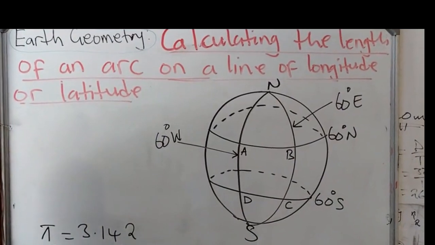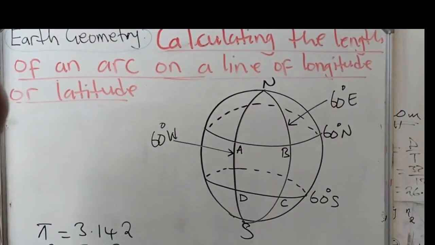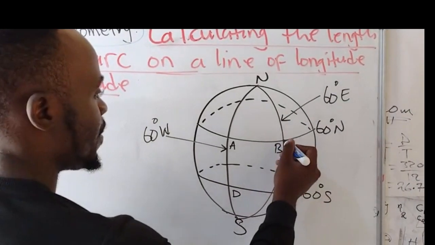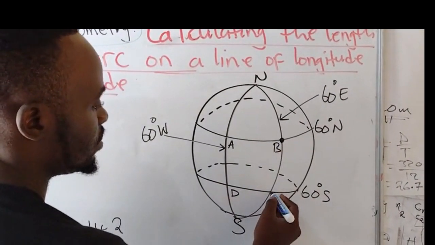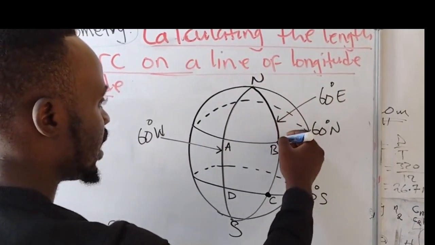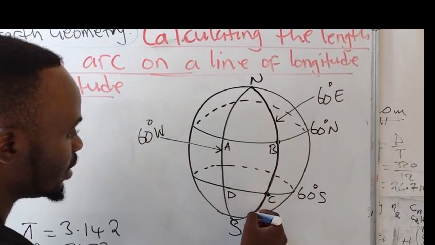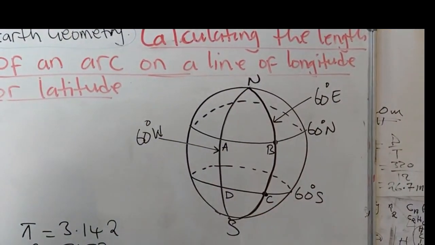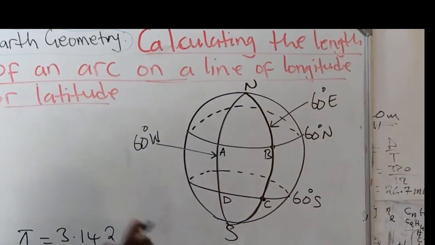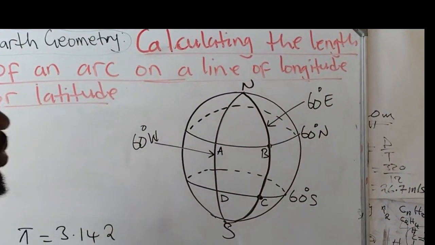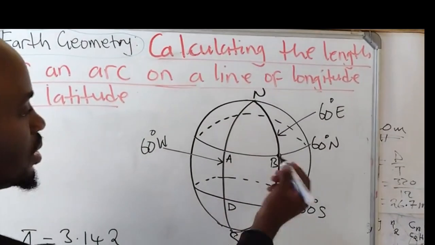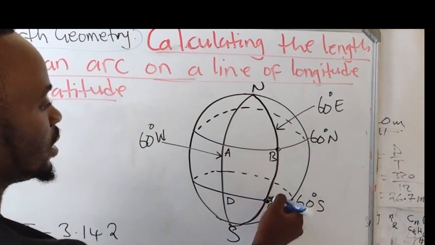We can see that point B is there, point C is there. This is the line where BC is lying, and it's a longitude. They are lying on the same line of longitude, which is a great circle. So what is the distance from B to C?